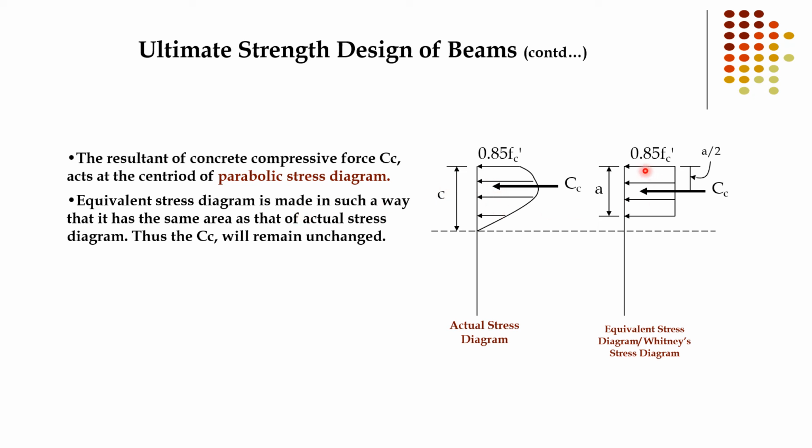We have used the same area under the curve, but due to the equivalent stress block diagram, CC will remain unchanged, but A will change. Previously the neutral axis is C, now due to the equivalent stress diagram, A is changed. How do we calculate A? Now we will equate the average stress diagram with the equivalent stress diagram of Whitney.